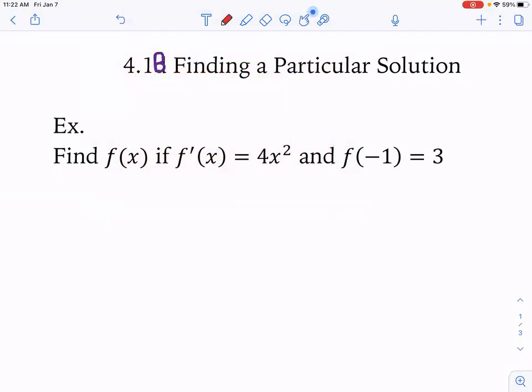All right. So our function, we don't know what it is, except for the fact that the coordinate -1, 3 is on the function. And we know its derivative is 4x squared. Well, if we have a derivative and we want to get to the function, what do we do? We take the antiderivative.